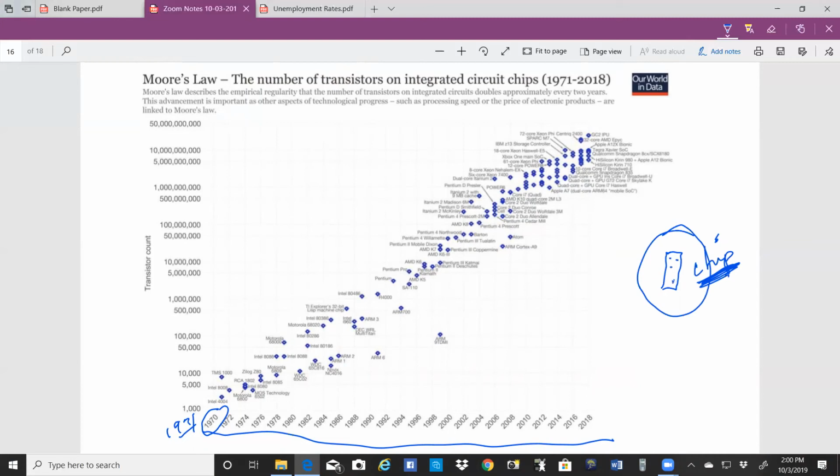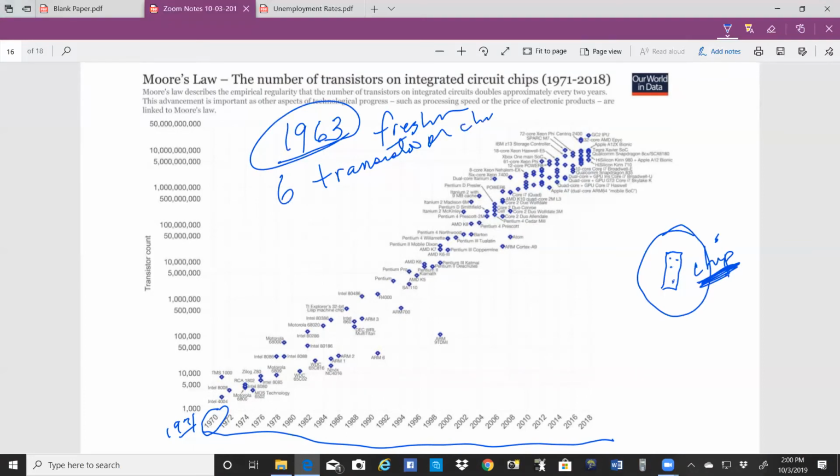And back in 1963, when I had my first job as a freshman, there were 6 transistors on a chip. And then when I got to Bell Laboratories, it looked like there were about 1,000 to maybe 4,000 on a chip.